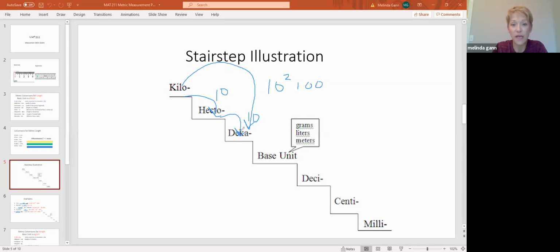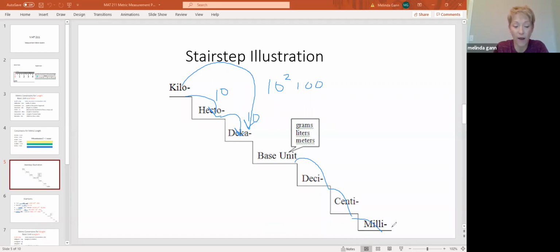So there are 100 of these in one of those. The same way here. This one, 1, 2, 3. So there are 10 of these. 10 millimeters make a centimeter. 10 centimeters make a decimeter, and 10 decimeters make a meter.